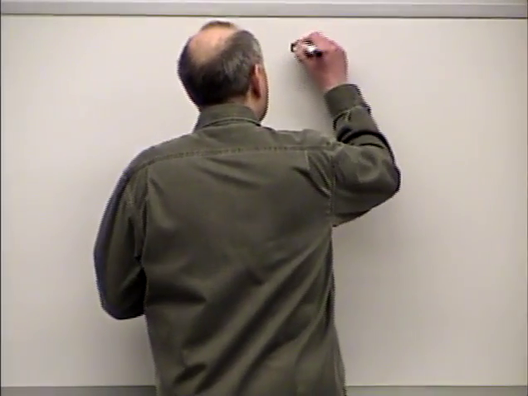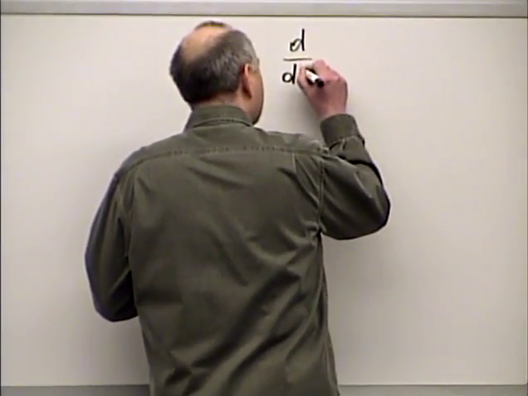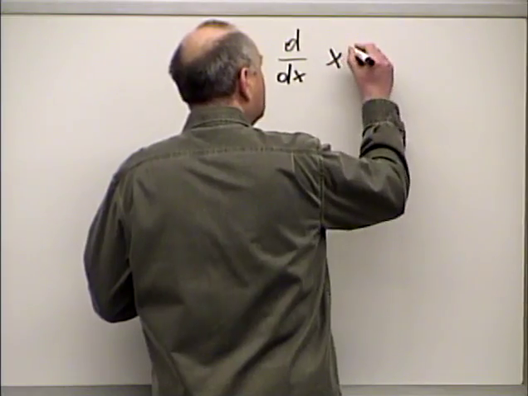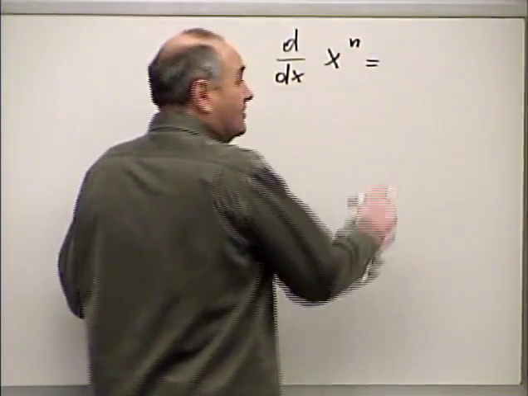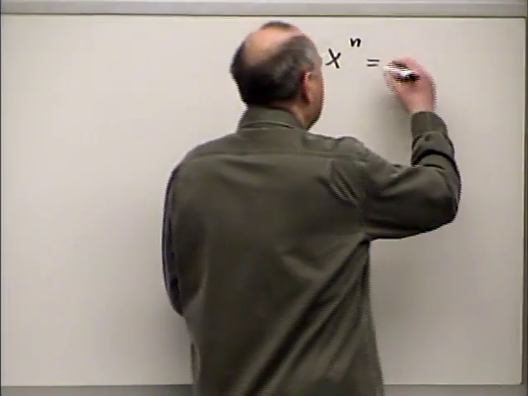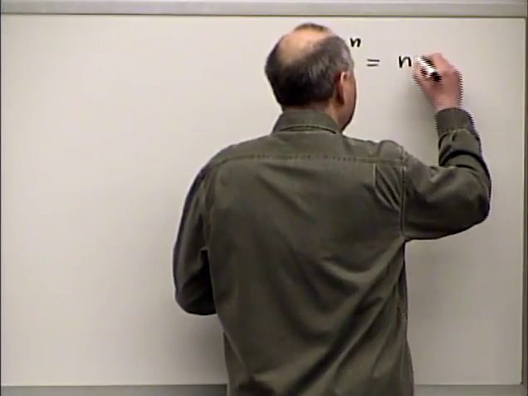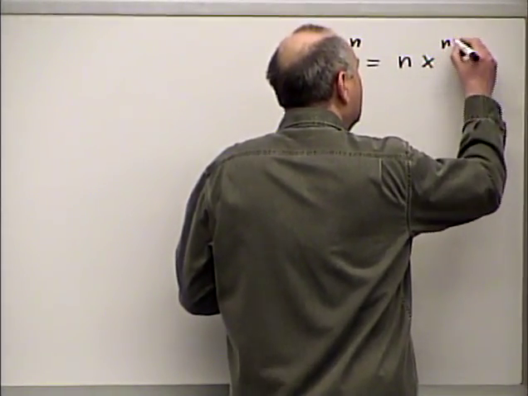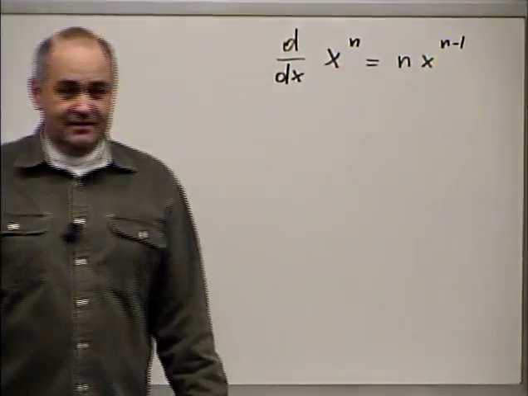It says that if you want to calculate the derivative of the function x to the n, then it is going to be n times x to the n minus 1.